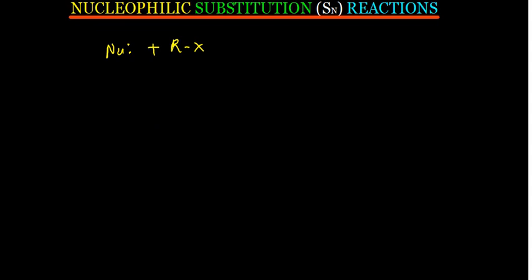The kind of reaction that happens here is that this nucleophile, which is rich in electrons, in other words, it has electrons which are not bonded, has this one lone pair of electrons, and a lone pair is supposed to have 2 electrons.